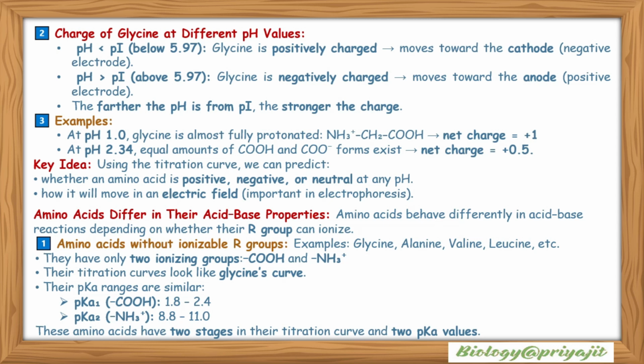Their titration curves look like glycine's curve, so their pKa ranges are similar. pKa1, for the COOH, is 1.8 to 2.4, and pKa2, for the NH3+, varies from 8.8 to 11. So these amino acids have two stages in their titration curve and two pKa values.